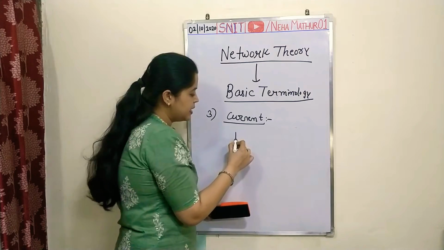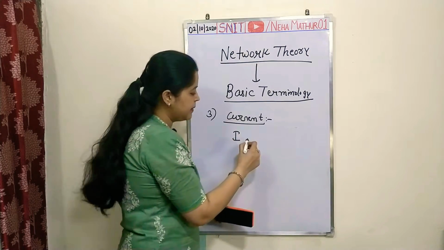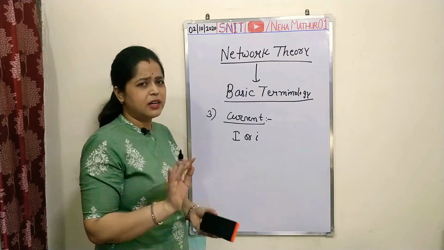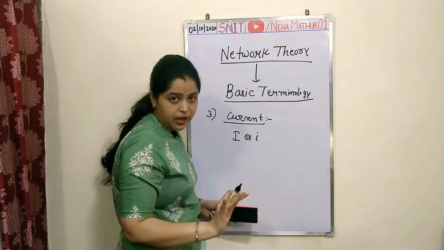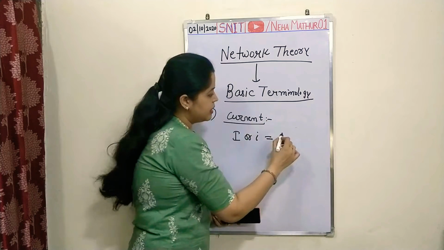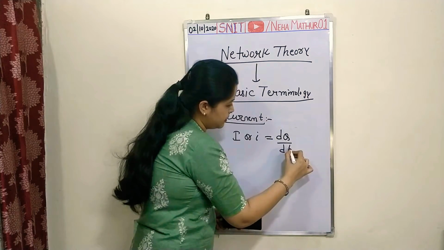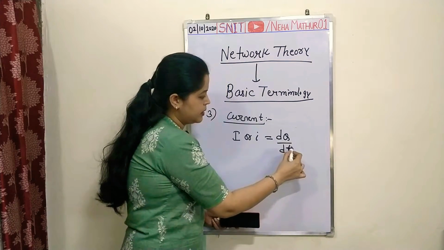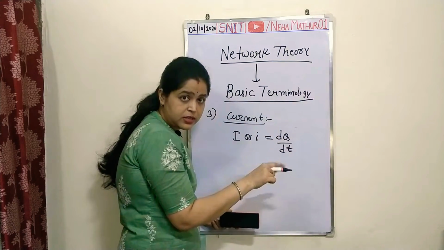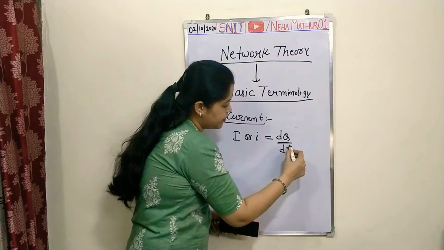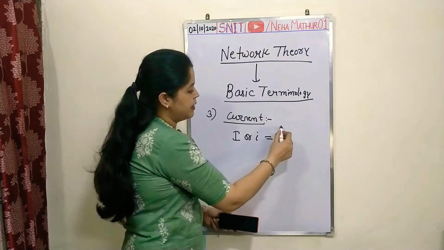The representation of current may be capital I or small i, it depends on you. It is not a standard for the representation of current. The formula for current is dq by dt, that is, the rate of flow of charges, the rate of flow of electrons with respect to time, is said to be current.